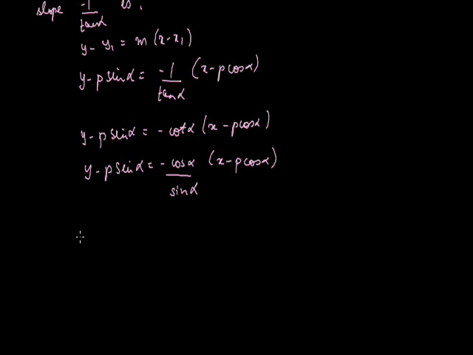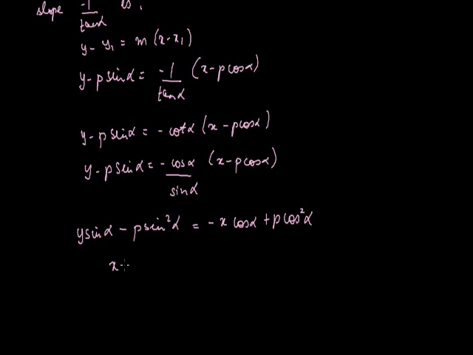I cross multiply the same, so I'll get y sin alpha minus p sin square alpha is equal to minus of x cos alpha, and minus cos alpha into minus p cos alpha gives me p cos square alpha. So I'll take this minus x cos alpha on the left hand side, and I'll take minus p sin square alpha on the right hand side.